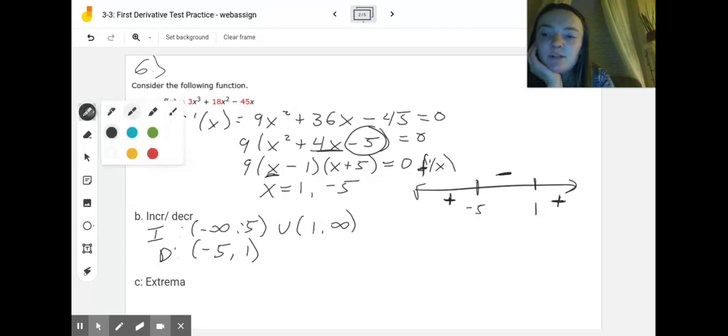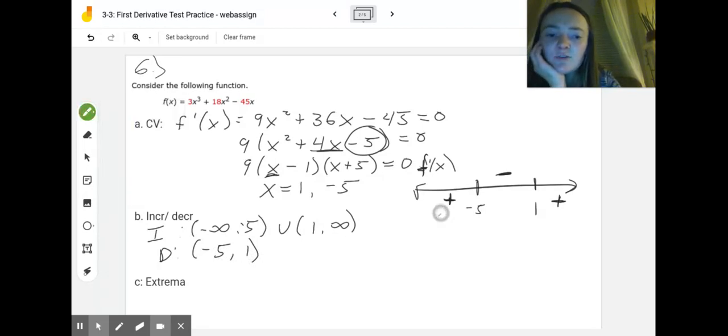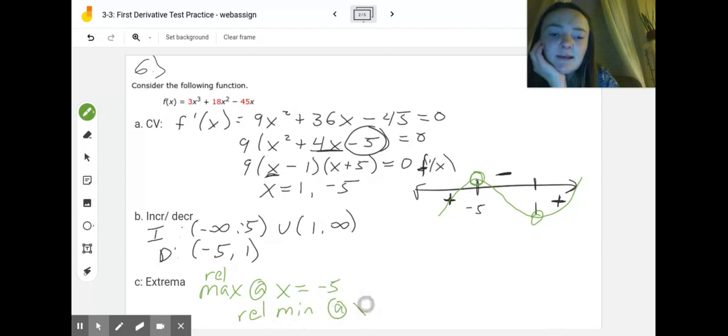So the last thing I want to do is I want to find the extrema. The best way to do that is to draw a picture. If I go from increasing to decreasing to increasing, I can see that there is a relative max at x is equal to -5, and that there is a relative min at x is equal to 1.